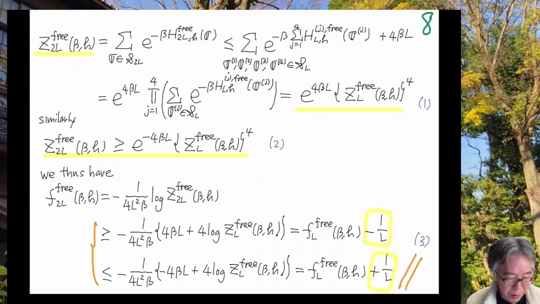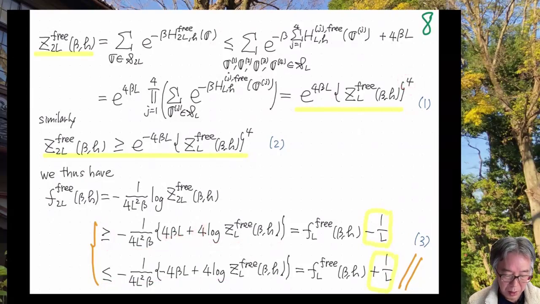Okay, now you just consider the corresponding free energy. You divide by this. Look, so this is system size 2L, so 2L squared becomes like this, and log C. And you plug in these upper and lower bounds to get this and get this, okay? Because if you take log, you get 4 beta L, and you have power 4, so you get 4 here and log DL.